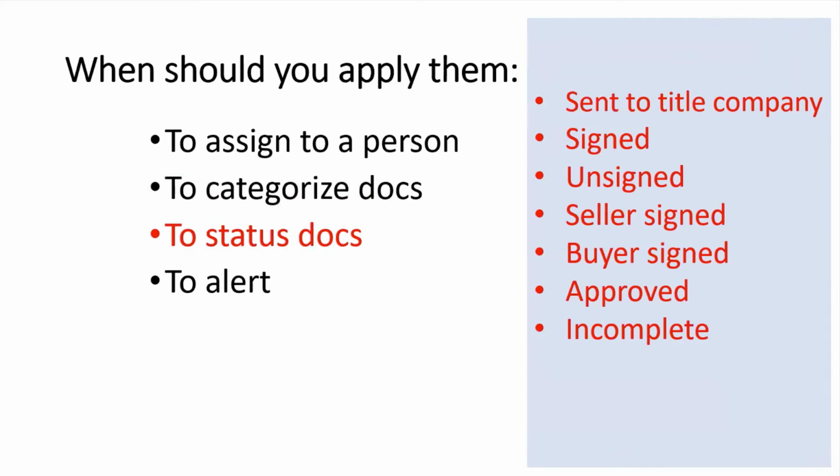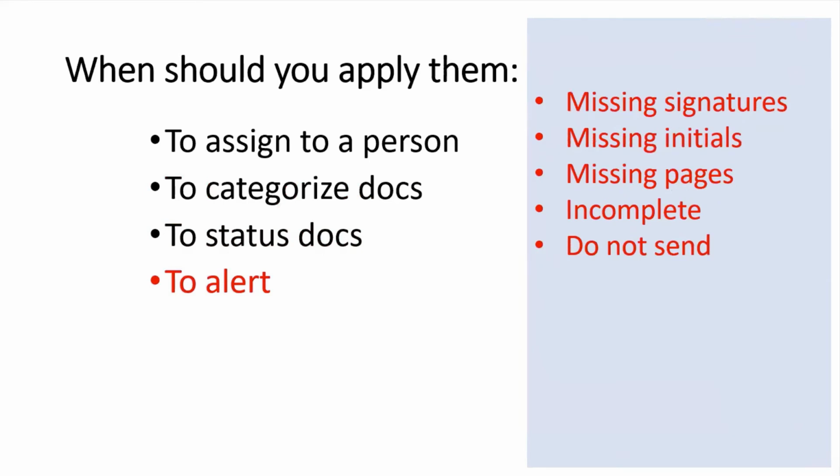And then the last method is to alert about something. The most common doc label I think we see overall is missing signatures and missing initials. We see that in most accounts that are using doc labels. Sometimes missing pages, incomplete, even more generic there, do not send for whatever reason, etc. And those are often red, just to really flag those.